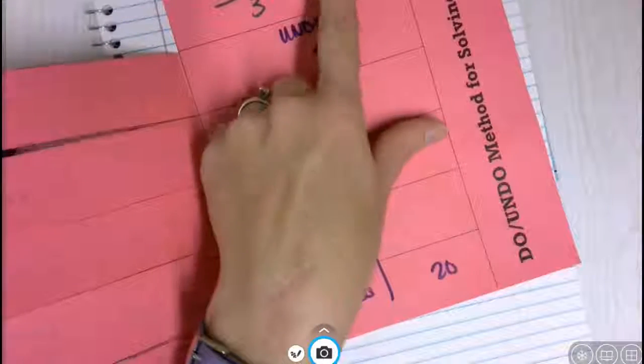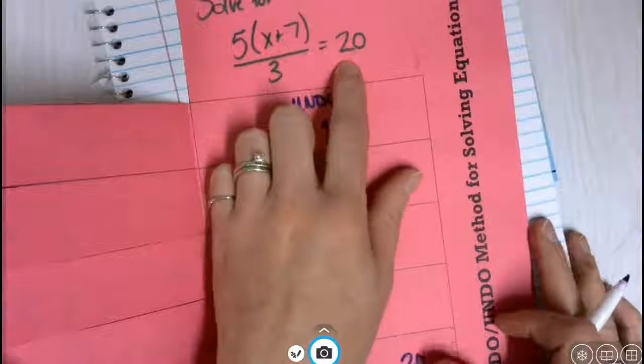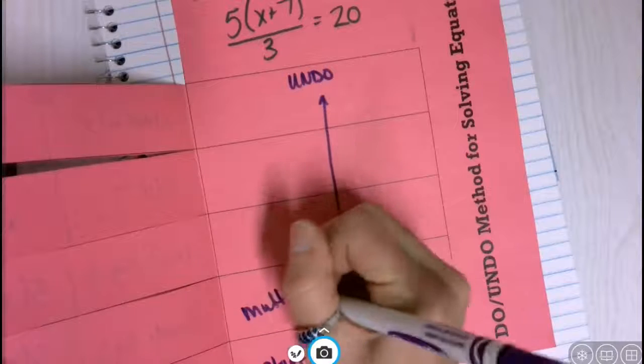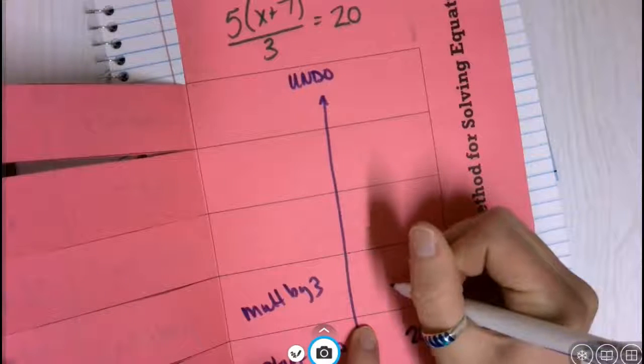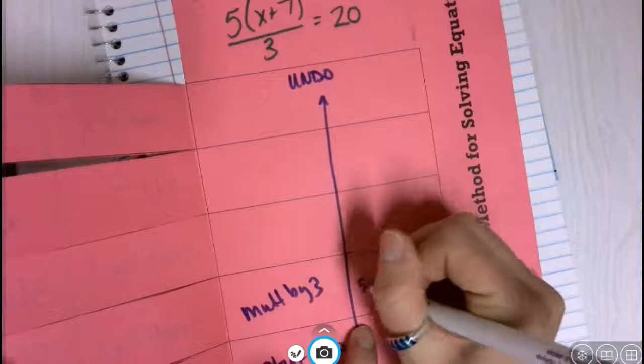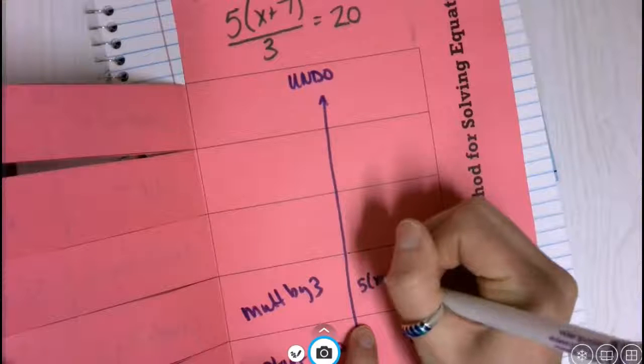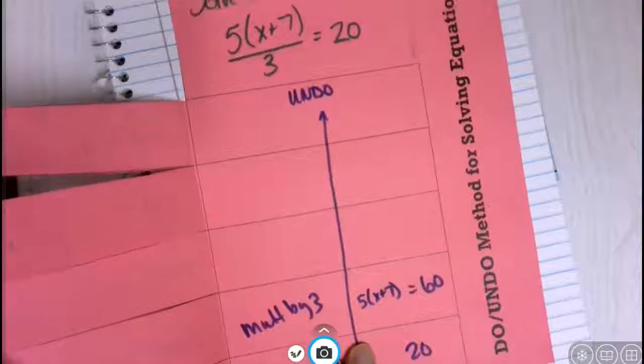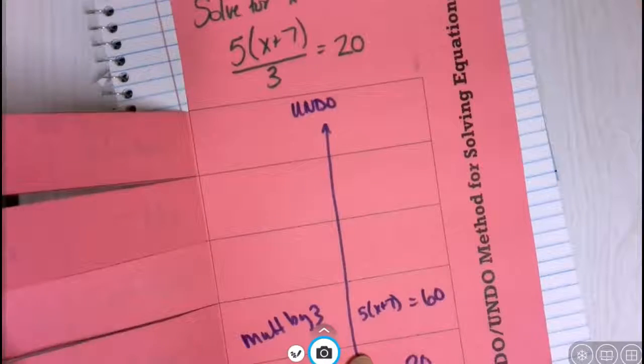I start with 20 because that's the thing that's all by itself on one side of the equal sign. The next step when I'm undoing this equation is to multiply both sides by 3. So on the left side I end up with 5 times x plus 7 equals 60, because 20 times 3 is 60.